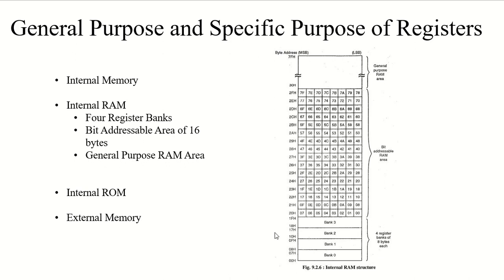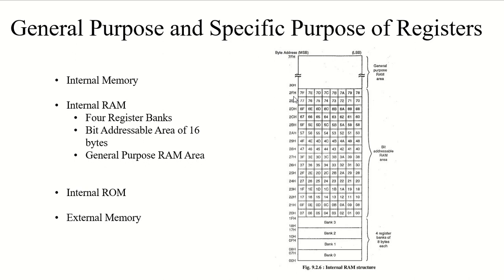After that, starting from here, we have the bit addressable RAM area. This area is made up of 16 bytes. So our microcontroller 8051 has a reserved 16 bytes of internal RAM whose address starts from 20H and goes till 2FH, right?